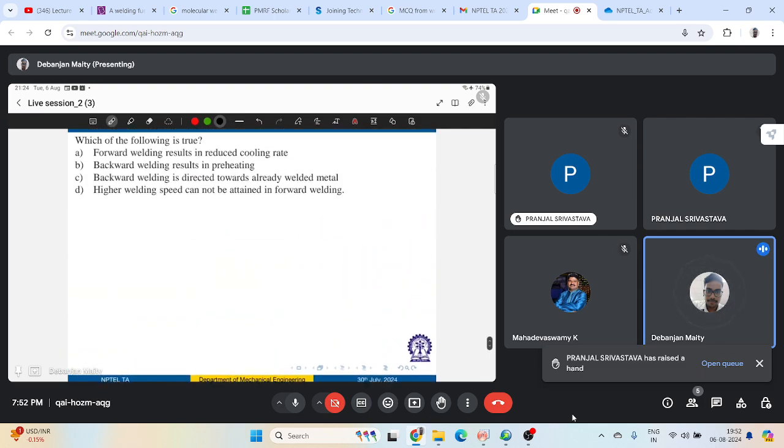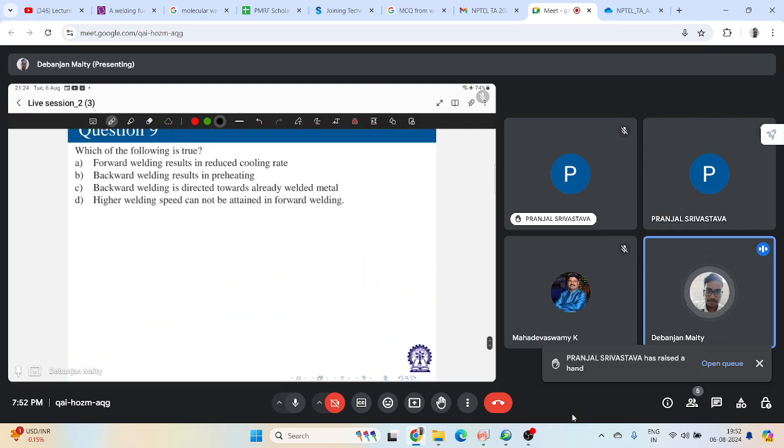We have two very short questions. Which of the following is true, in terms of forward welding and backward welding? As you know, in forward welding, if this is the electrode, this is the workpiece, and this is my welding direction, this is my weld bead metal. This will result in some kind of preheating of the weld to be deposited.